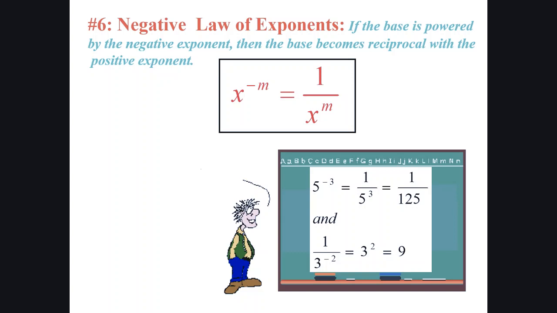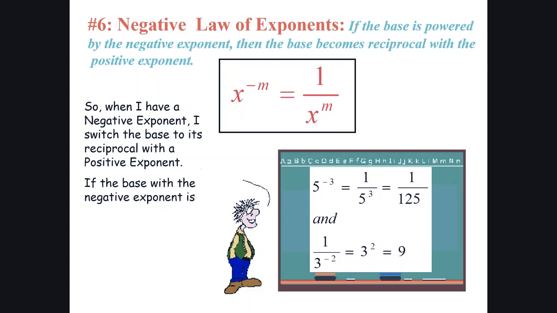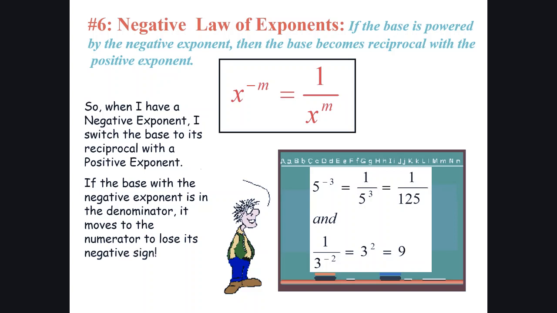So 1 over 3 to the negative 2 power will equal 3 to the positive 2 power, which equals 9. So when you have a negative exponent, you switch the base to its reciprocal with a positive exponent. If the base has the negative exponent in the denominator, it moves to the numerator to lose its negative sign.